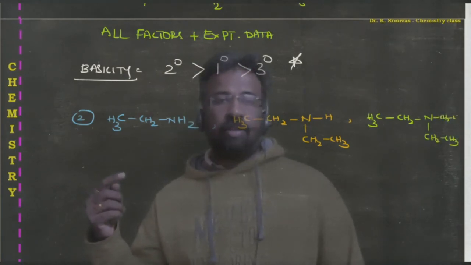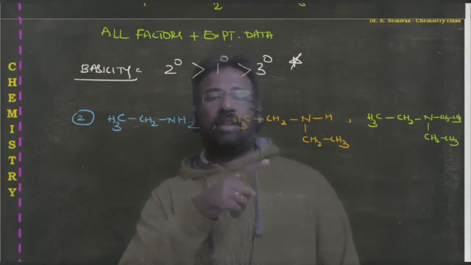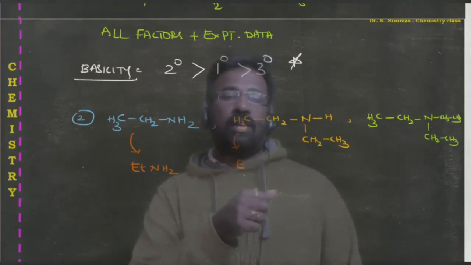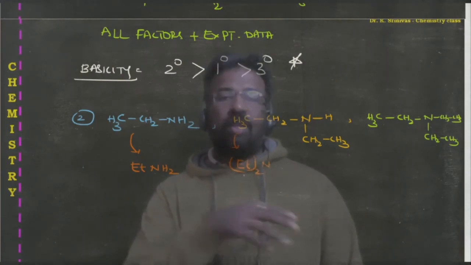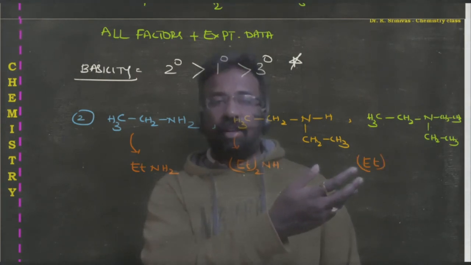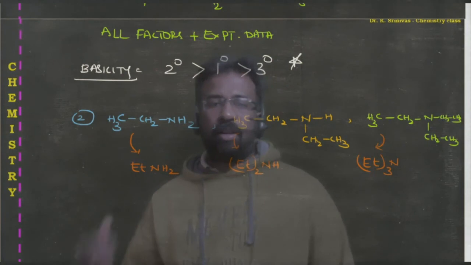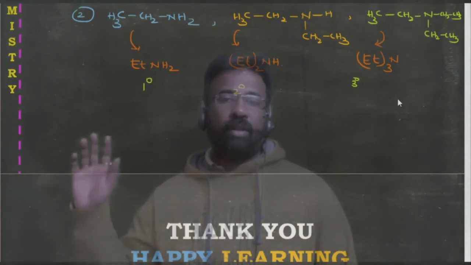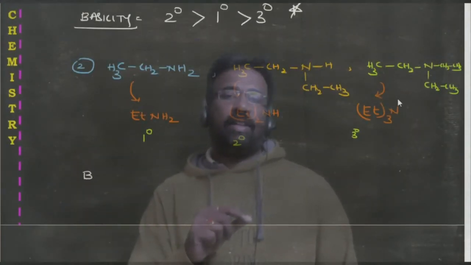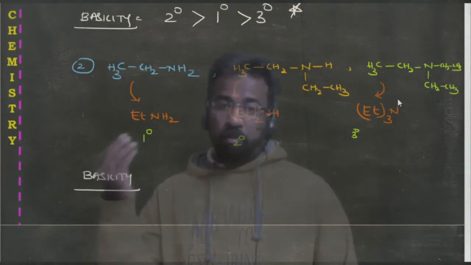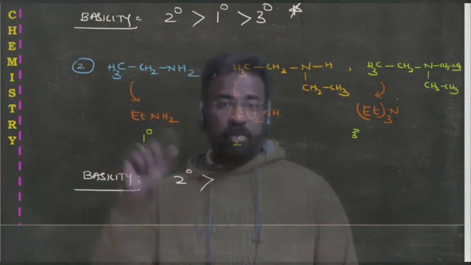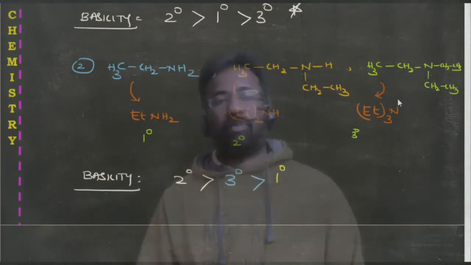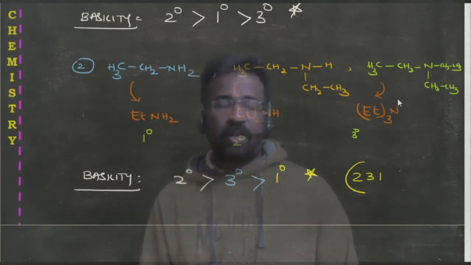So we write Et NH2, then Et two times NH, and the third one is Et three times N. This is primary, secondary, and tertiary. Next, the basicity order. Based on all the factors as well as the experimental data, secondary, tertiary, and primary is the basicity order.